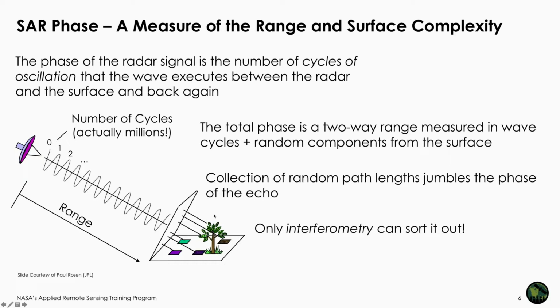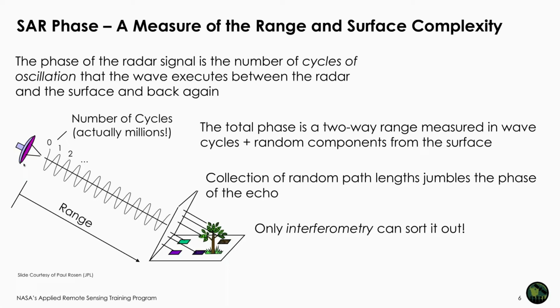And the ground. One of the things to keep in mind is that the signal doesn't just bounce off the ground as one thing, but it bounces off a number of things that are within one square or resolution pixel on the ground. So in fact, these different things that it's bouncing off of cause the phase of the signal to be random from one pixel to the next.